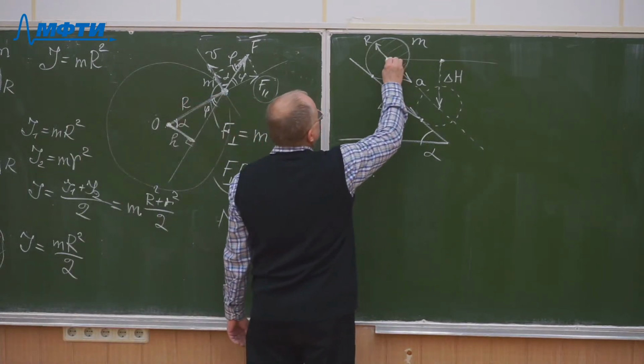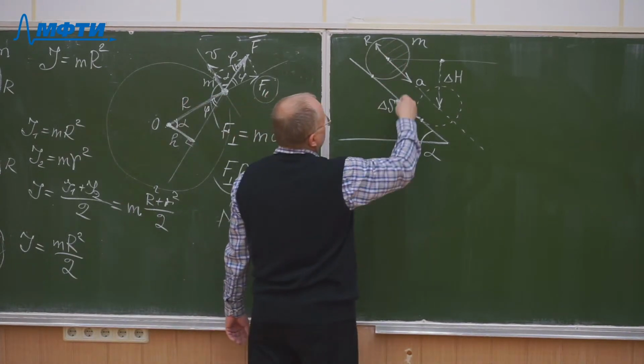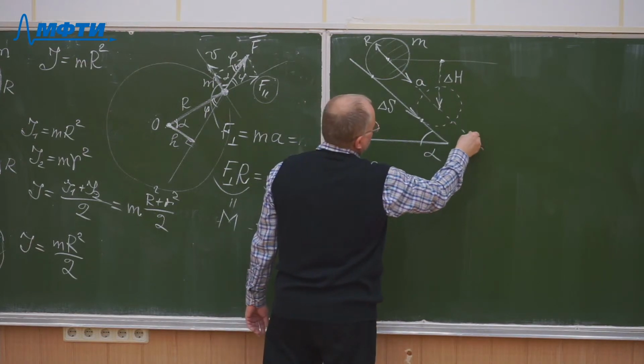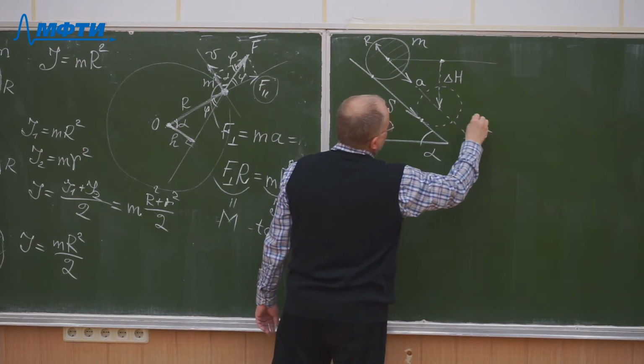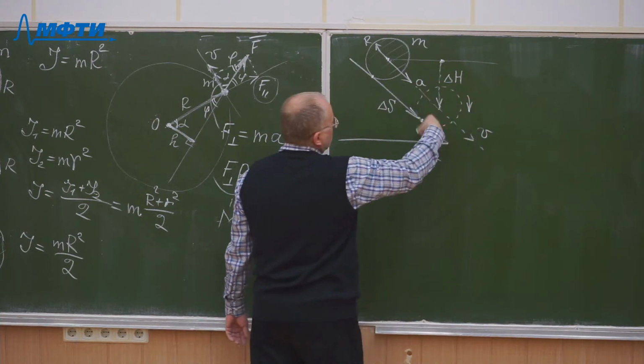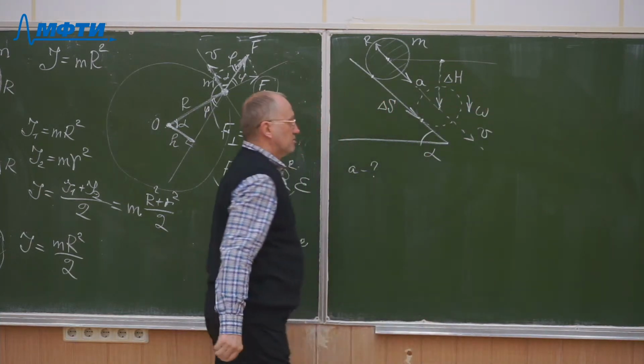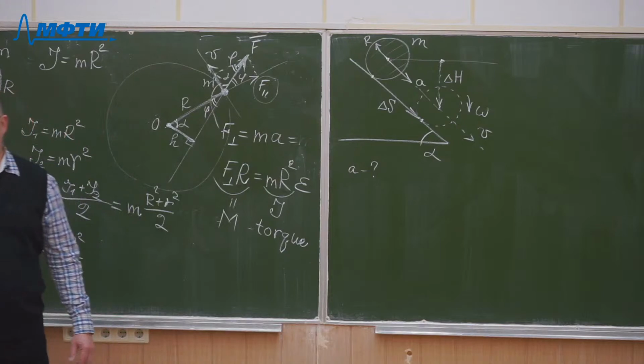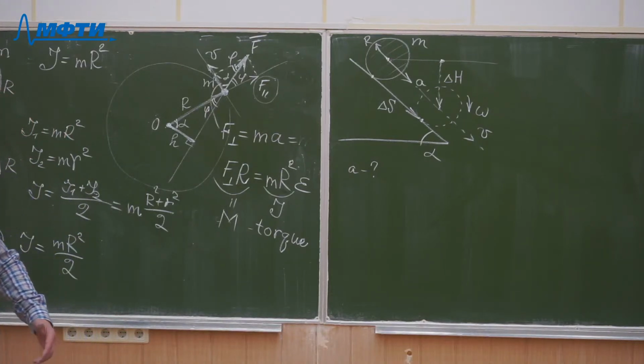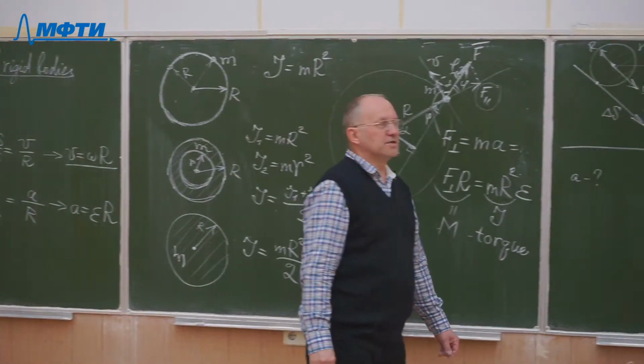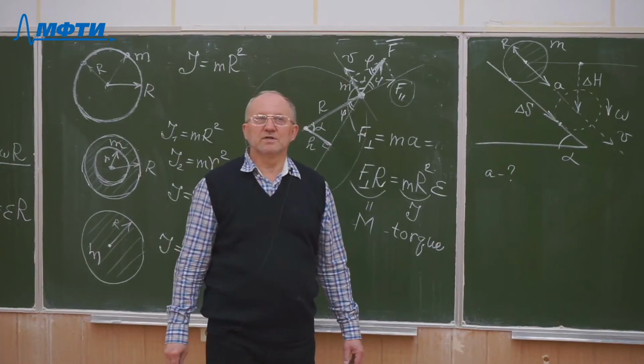And the cylinder, if it starts from zero velocity, will have some final velocity here, and it will be rotating at some angular velocity, which is obvious. We are not solving the problem, we are just analyzing it. That is the first step in solution of any problem.